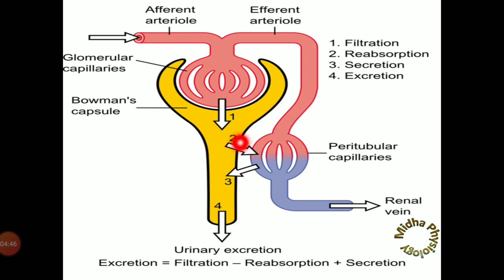As this ultrafiltrate moves down the renal tubule, two processes take place: the reabsorption back towards the body and the secretion from the peritubular capillary back towards the renal tubule, and then only the final urine is formed. So in the mechanism of formation of urine, the very initial step is the process of filtration itself.